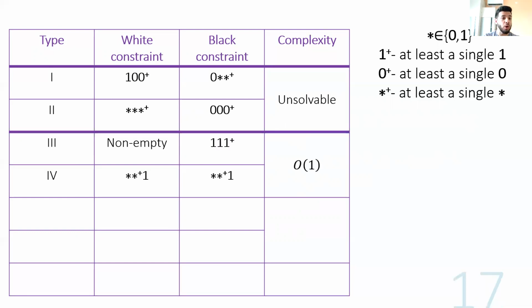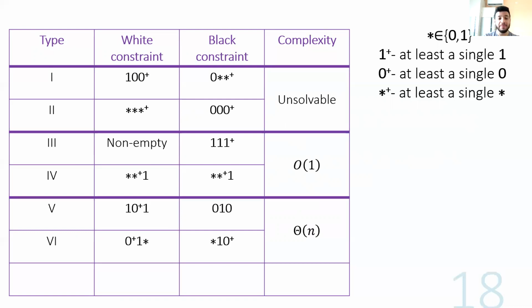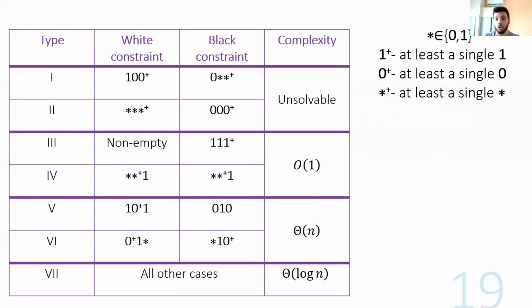And the same holds with O of 1 problems, and the same holds with theta of n problems. And well, all other problems actually have complexity of theta of log n.